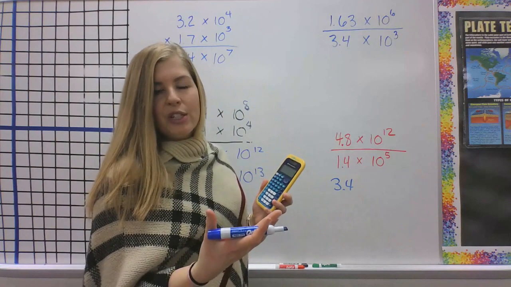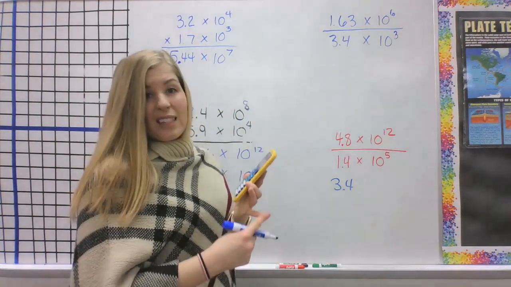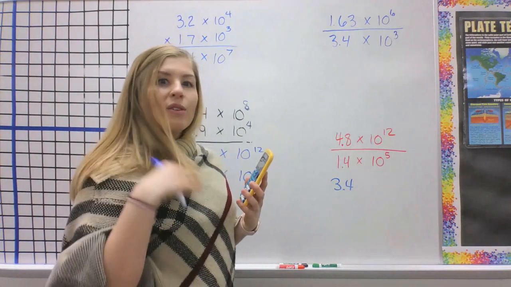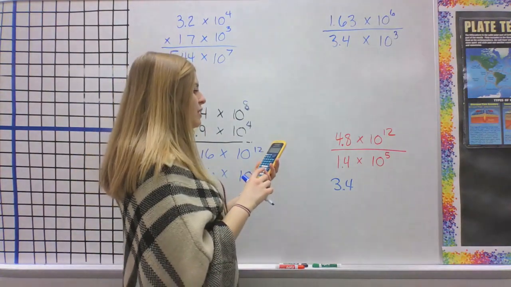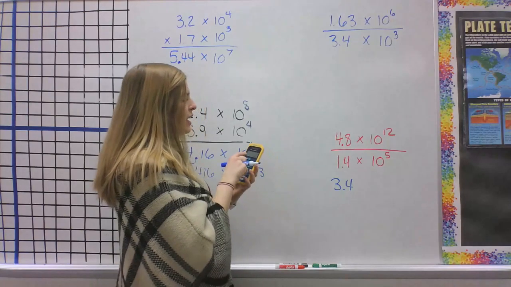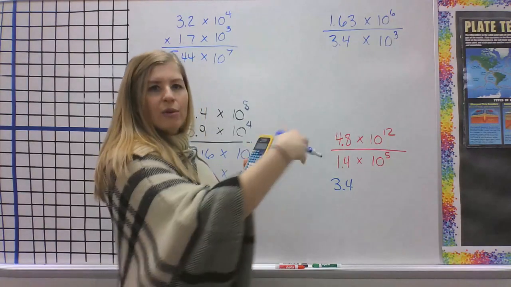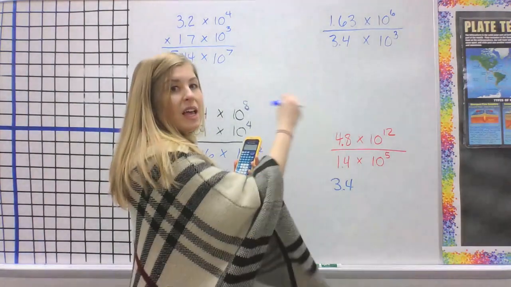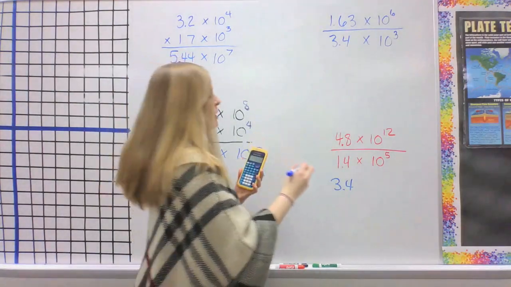Depending on what your teacher wants, whether the tenths place, the hundredths, or the thousandths, you ask them what place value they want you to stop at. I'll just stop at the hundredths. It's 3.428 and so on on my calculator. Since there is an 8 in the thousandths place, I'm going to round up that 2 in the hundredths place to a 3.